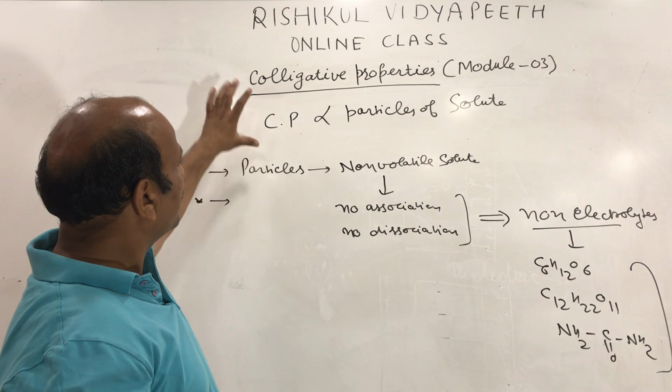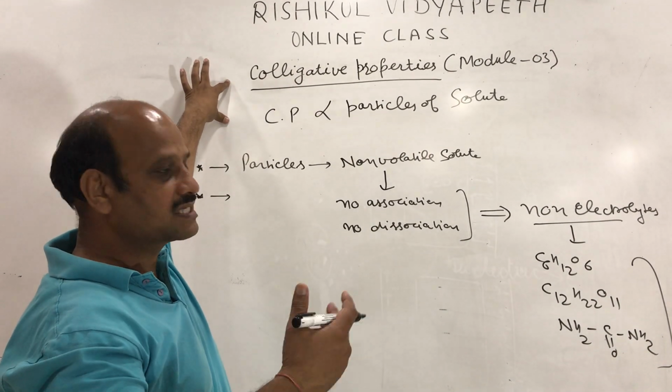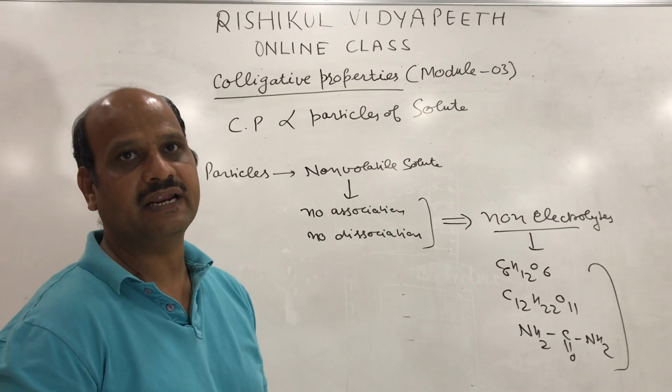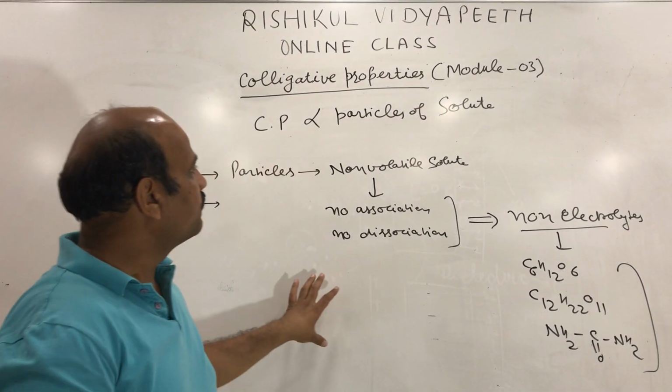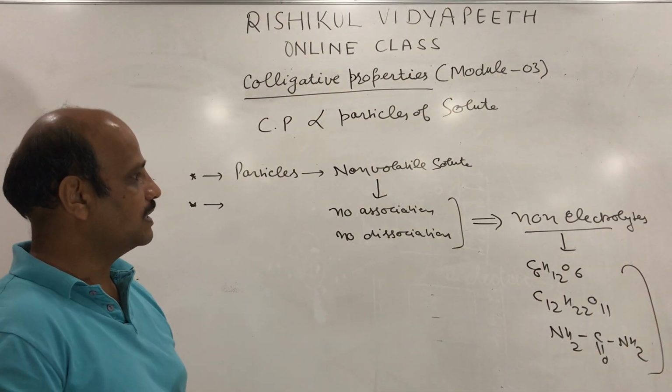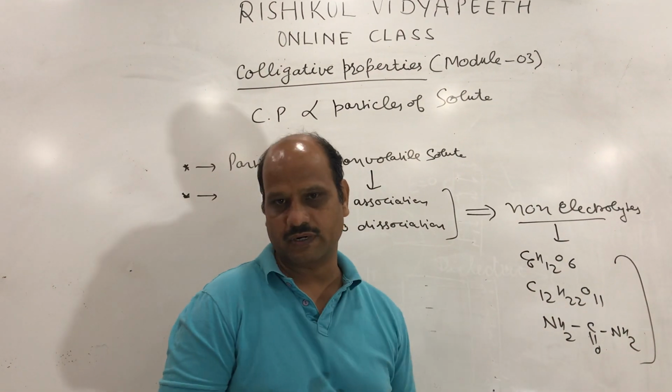After this, we will discuss electrolytes, where dissociation and association occur. For that, we will take another concept, the van't Hoff factor. First, we will consider non-electrolytes.